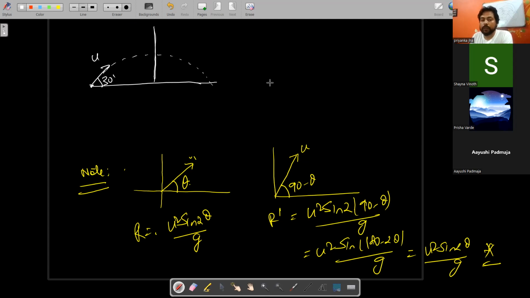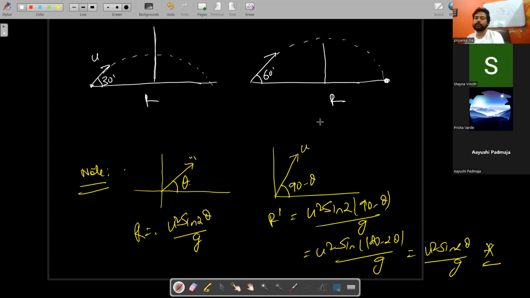Then what will you do? You can also throw this projectile at its complementary angle. It may cross the wall and strike the same point. So range in both cases will be the same, but by providing this angle, you can cross this wall. That depends on calculation. In both cases, range will come out to be the same. Remember this.